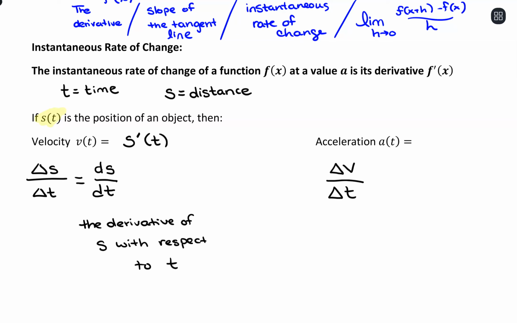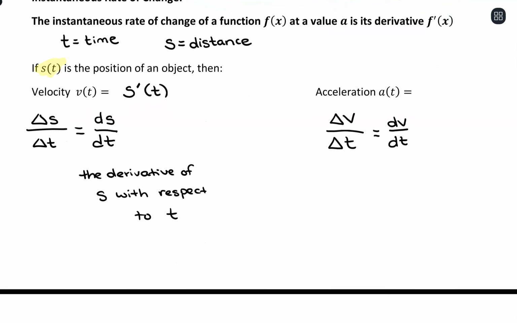So the change in velocity over change in time, which is the same as dv dt. So with this, we're looking at the derivative of v with respect to t. So it's like our x-axis here isn't changing, but what we're doing is evaluating the change in our y values. So if we wanted the acceleration function a of t, that would be the derivative of the velocity function.